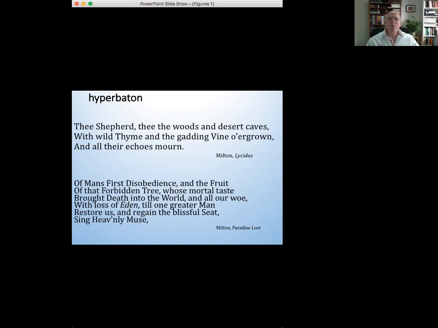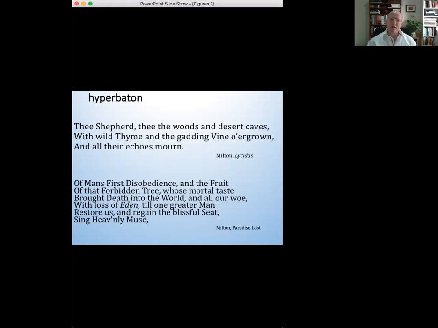But the effect of hyperbaton can also be one of high formality, grandeur, and majesty, as I would say it is at the opening of Paradise Lost. You know, Milton does not command his muse in the way we might usually do so, in the way we usually issue commands with the imperative verb at the outset of the command. You know, sing muse of man's disobedience, or muse sing of man's disobedience. It's not that.